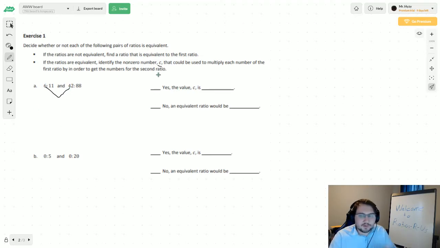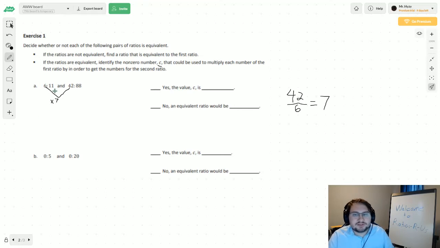Well, if we don't know off the top of our head, remember we could just do 42 divided by 6, and that will give us our answer. 42 divided by 6 is 7, which means I need to multiply 6 times 7 to get to 42.